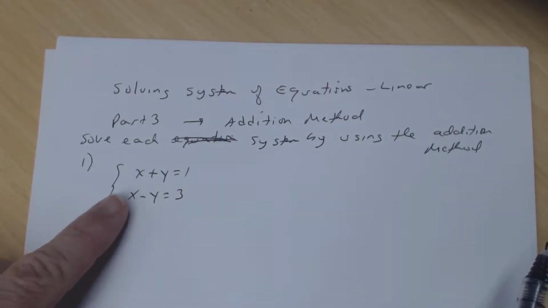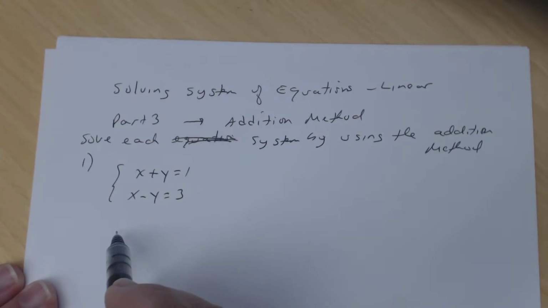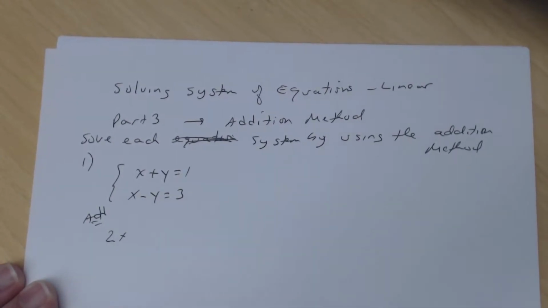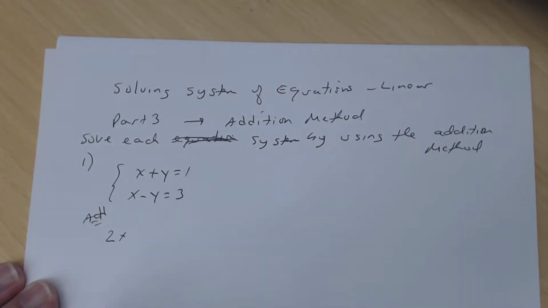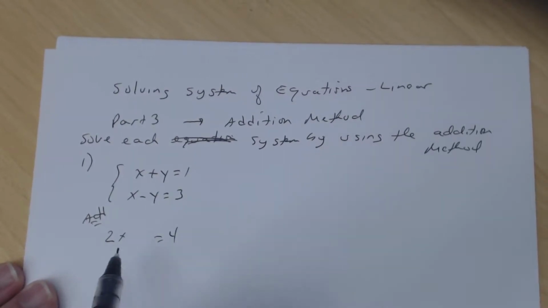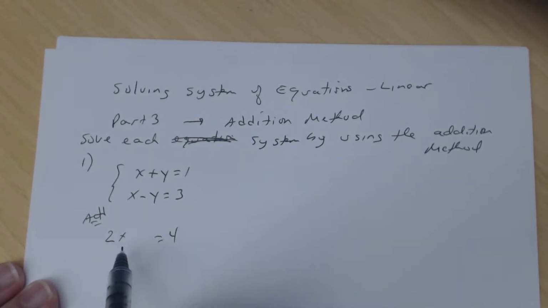So for example, if I add those two right off the bat, x plus x is 2x. A positive y and a negative y is 0. So the variable y is eliminated. Equal, and then 1 plus 3 is 4. And so notice I end up with the equation with just one variable.